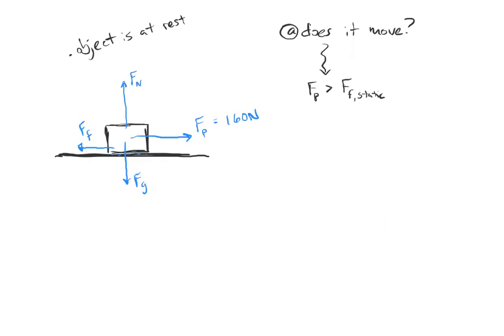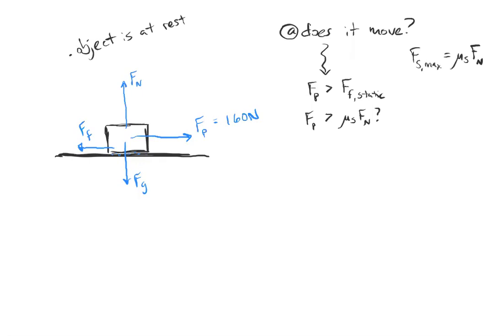And the largest value that static friction can ever achieve is mu s F sub n. Okay, so this is what our question then becomes in more physicsy terms. Okay, so F static max is equal to mu s F sub n.